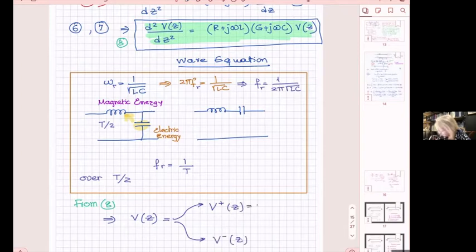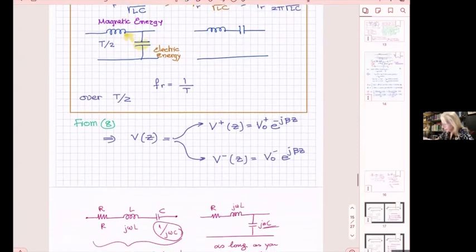V plus is V naught e to the minus j beta z, and V minus is V naught, and here we also put a plus here and a minus there, of e to the j beta z. Okay, what does that mean?